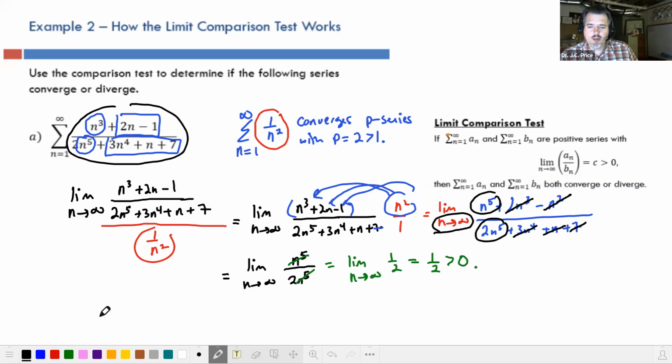Well, I can conclude, therefore, my series, we'll call this, to give it a name, my series S. So therefore, S converges, and it converges because my P series converged up here, but it converges by the limit comparison test.